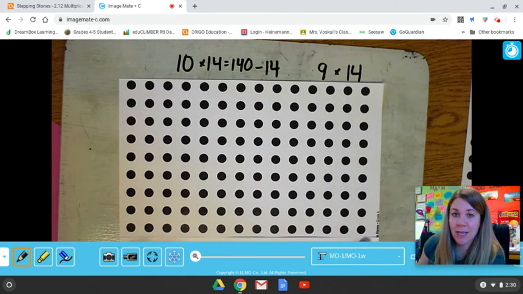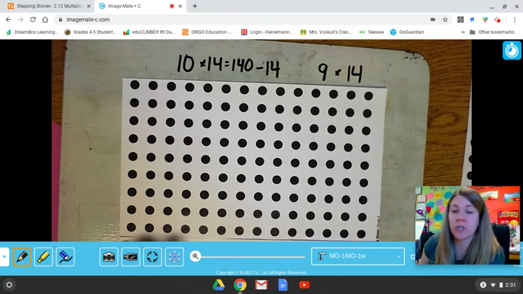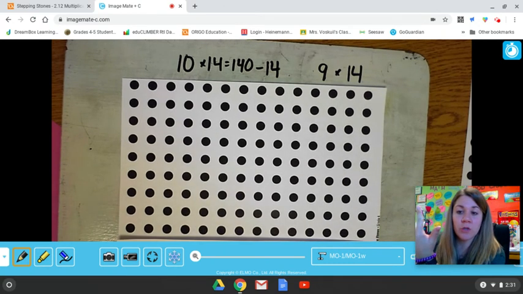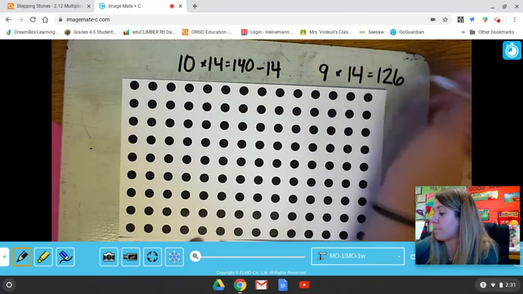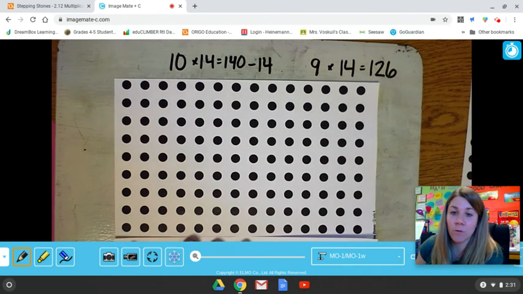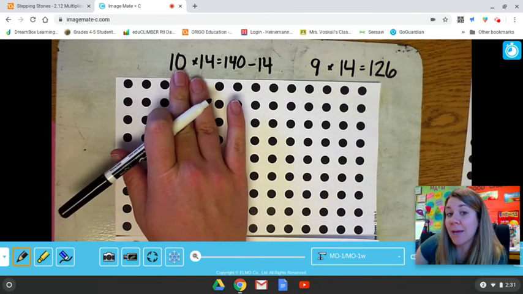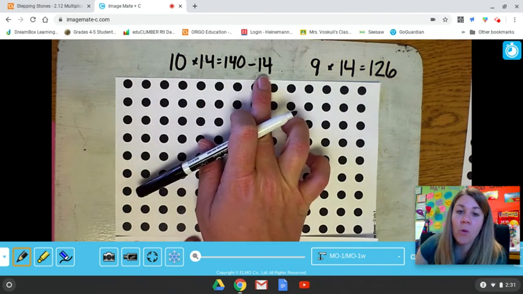I'm going to take 10 first to get to 130, and then count back 4 more: 130, 129, 128, 127, 126. That is my answer to 9 times 14. I started with 10 times 14, and I subtracted one row of 14.